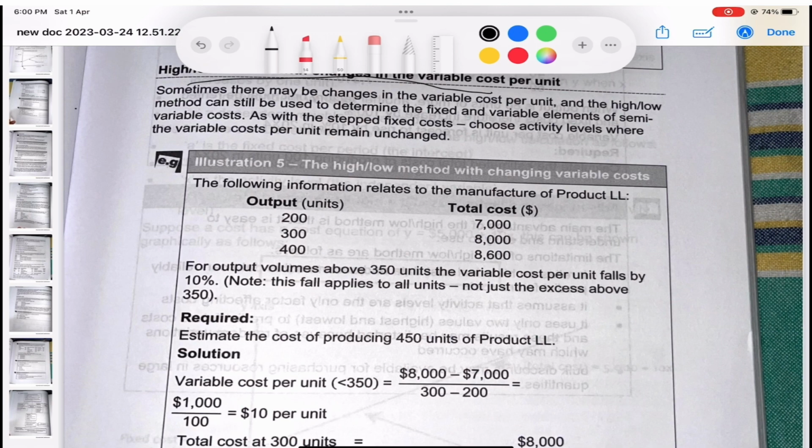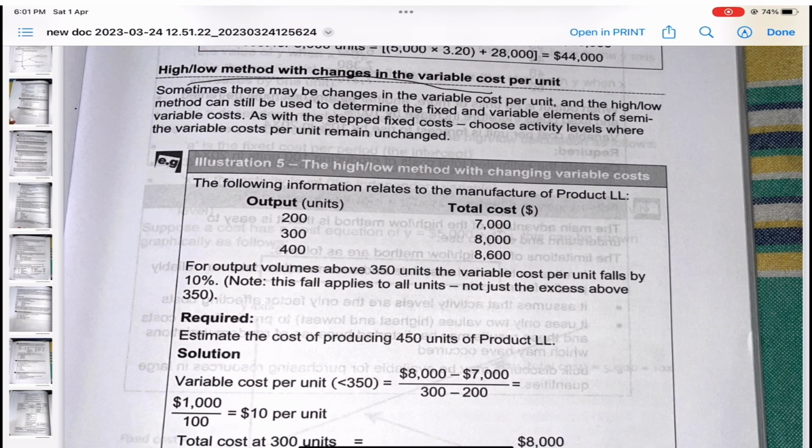If this note wasn't mentioned, then I would assume that only for the excess units I am going to have a new variable cost. But it is mentioned in the question very well that if the output is more than 350, then the variable cost of all the units is going to change. It is going to fall, right? So first, what are we going to do? Take the high and low method and then find your variable cost per unit.